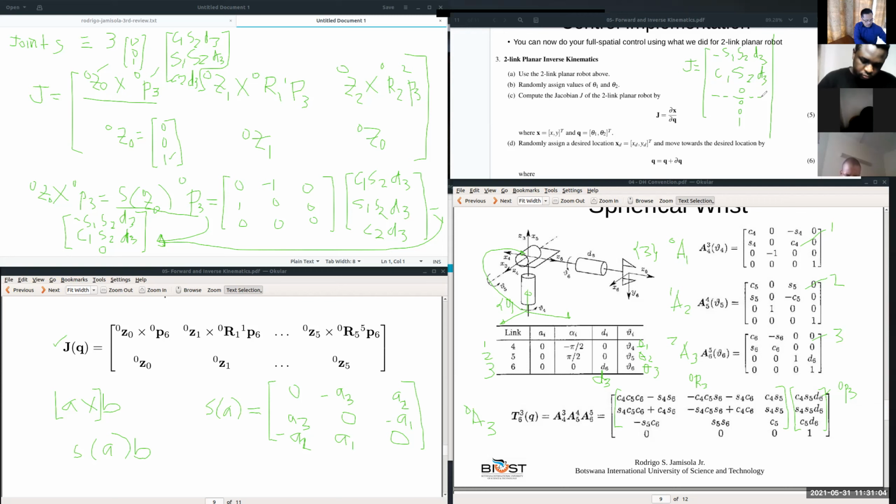Okay, now let's continue. What is 0, 0, Z1? Let's remove our computation here because we're done with this one.